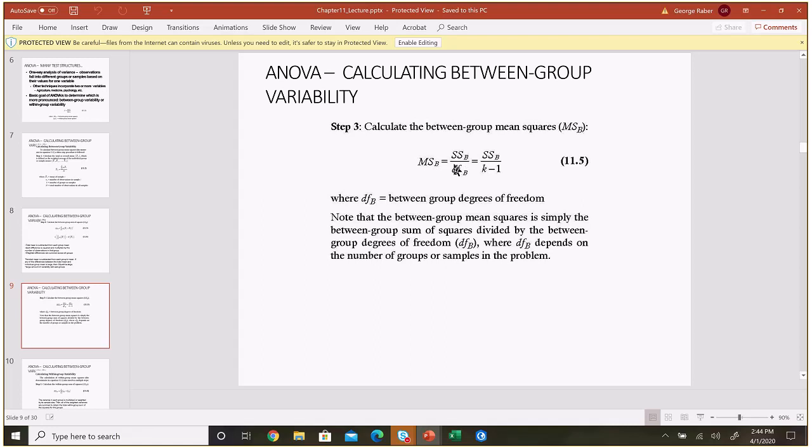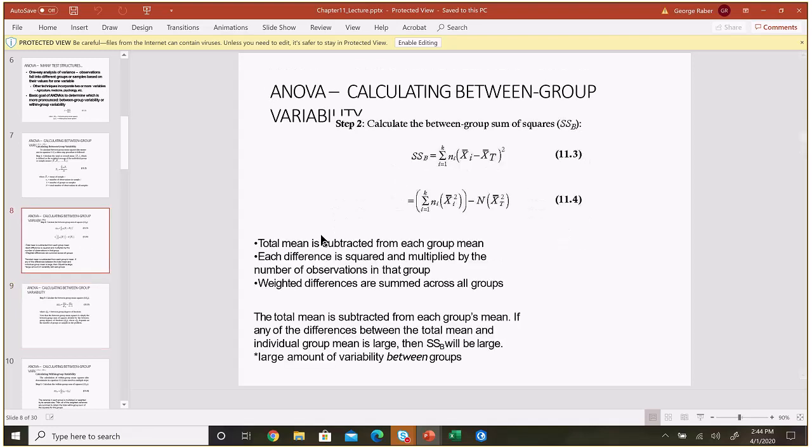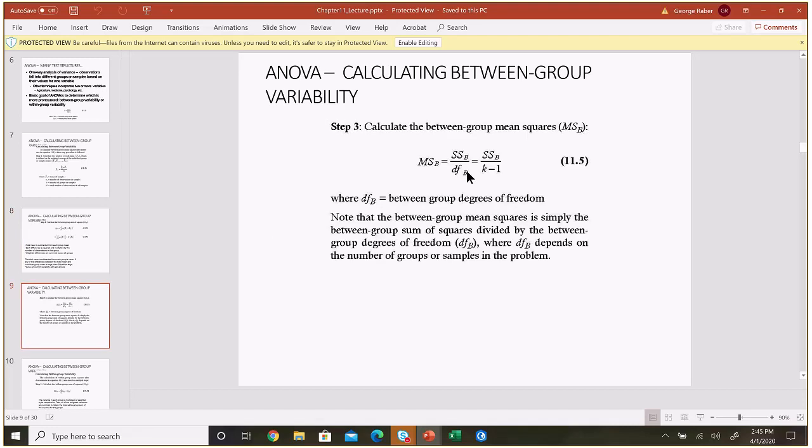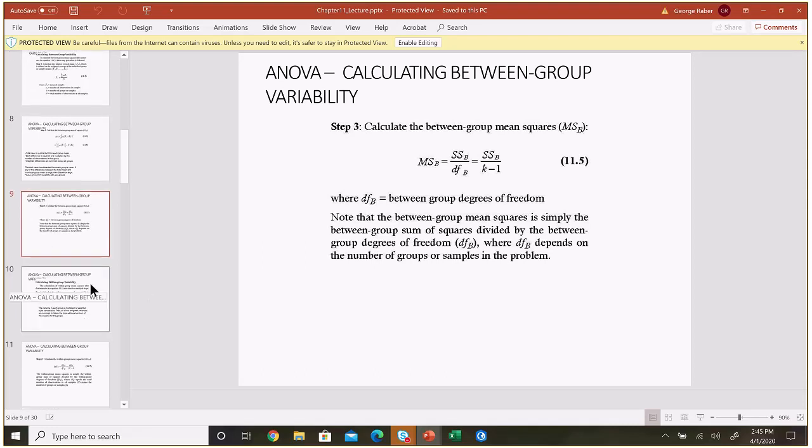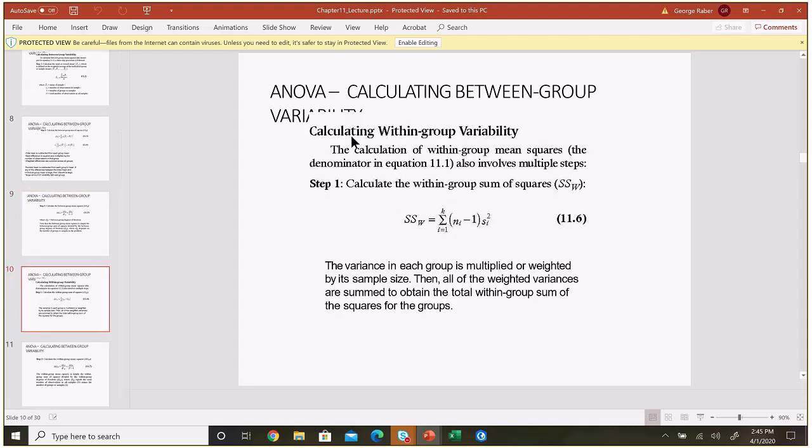See what I'm saying? So the number of groups minus 1. So in this case, it would just be 3 minus 1, so it would be 2 right there. So it's truly the variance of the mean values. Okay. So that's the between group values.